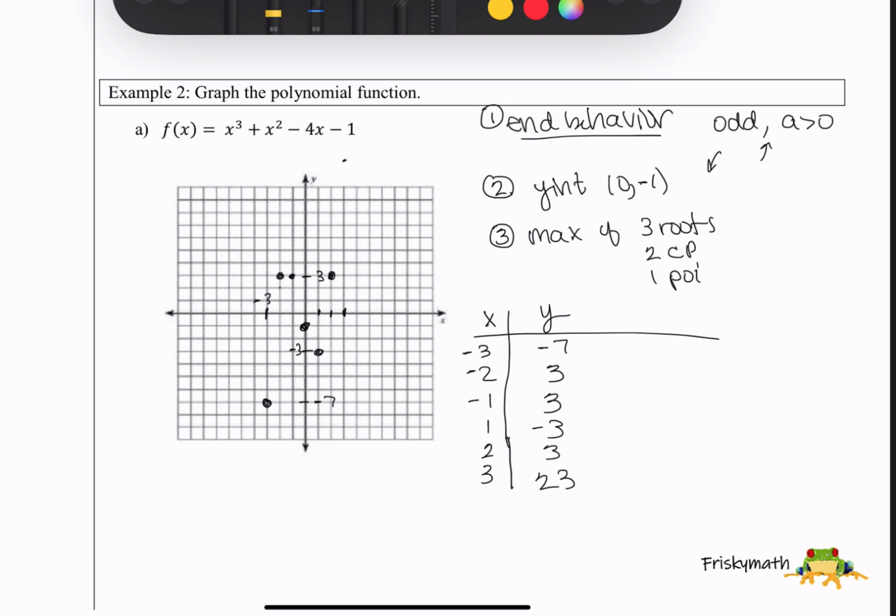Now, again, we know that a maximum of 3 roots is going to happen. And I'll tell you right now, because this has all of its terms, right, they go in order, from an x cubed to an x squared to an x to the first to an x to the 0, this is going to have all of those roots. You're going to have 3 roots, okay?